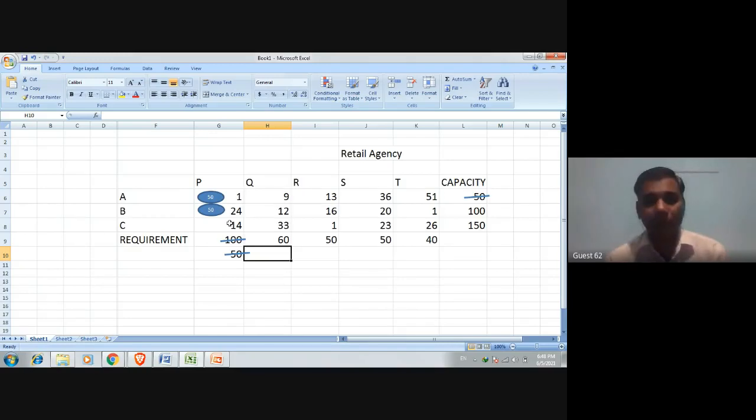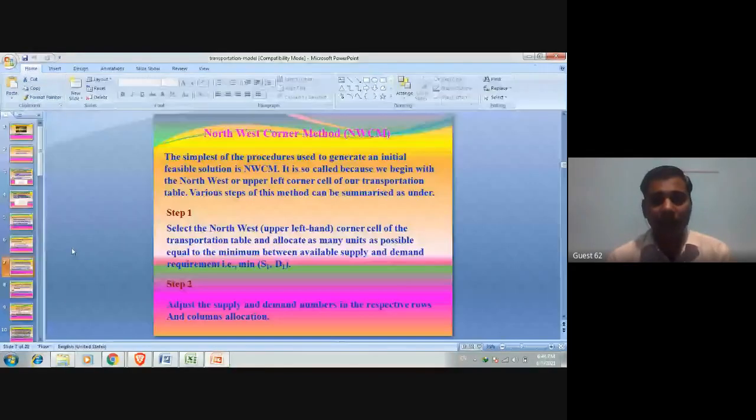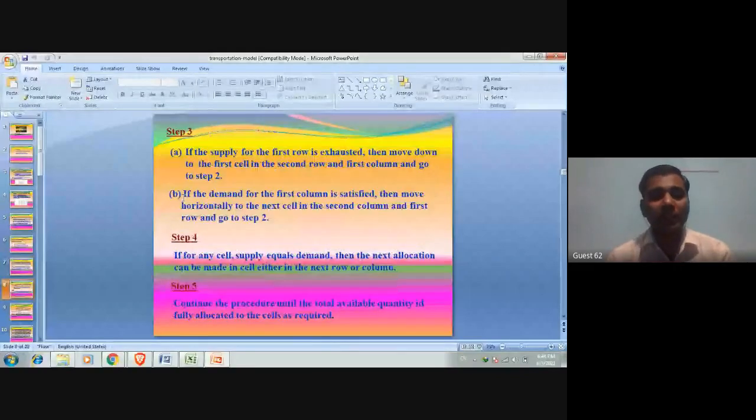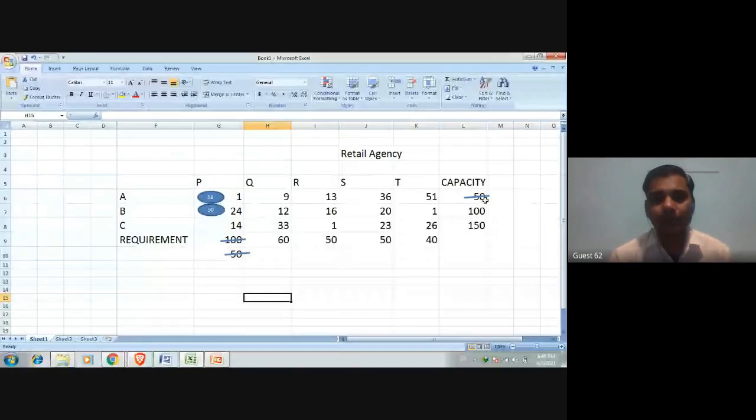Okay. Now, what is the next step now? Again, अगर हमारे पास सेकंड वाले कॉलम में नहीं होता, तो फिर हम इस वाले को देखते हैं. If the demand for the first column is satisfied, then move horizontally to the next cell in the second column and first row and go to step 2. Means if the capacity of warehouse A has some units, then we will go to the next column.